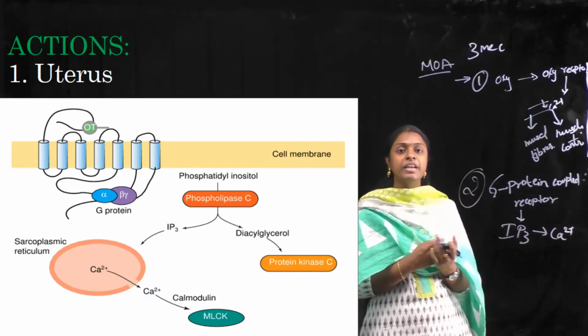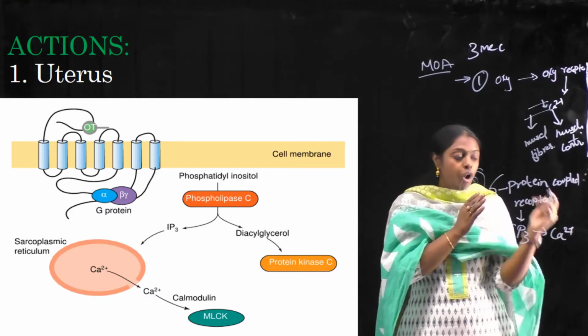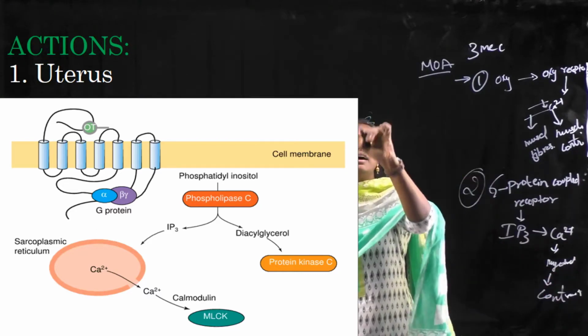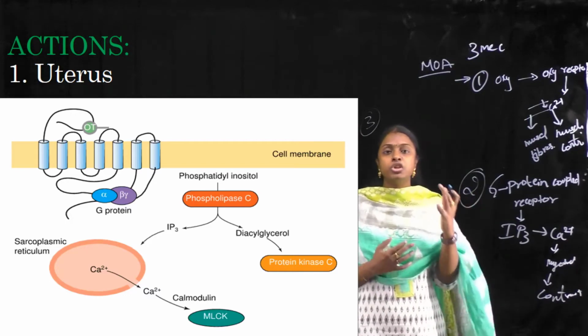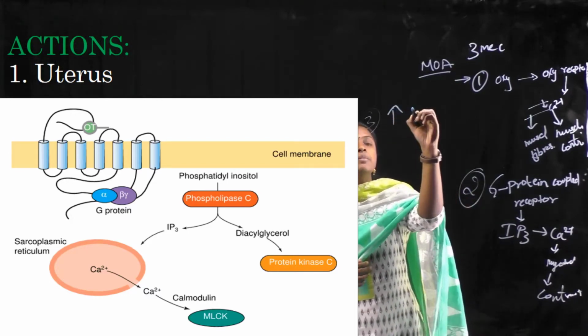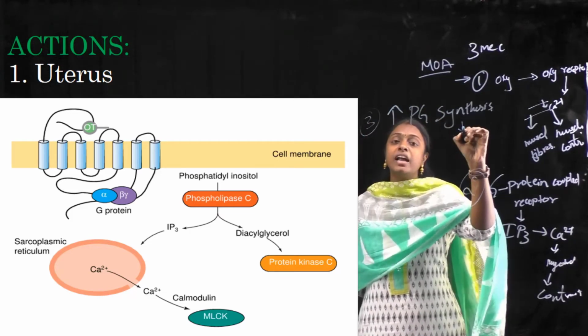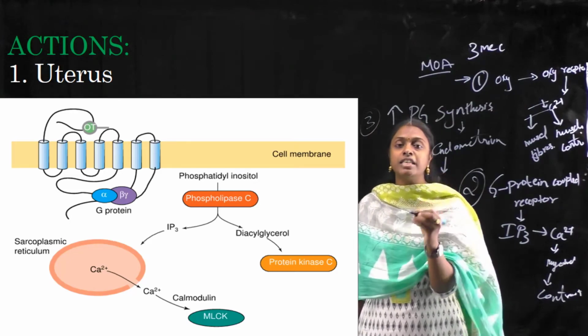When it is activating calcium channels, calcium will go into the muscles of the myometrium, and that will cause contraction. And the third one, it will also increase the synthesis of prostaglandins, which are released by the endometrium. This will increase the contraction of the uterus.